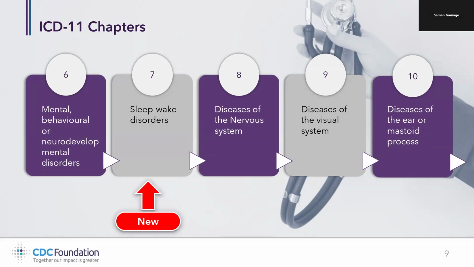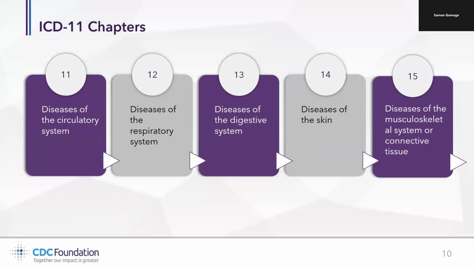Then we have the diseases of the nervous system as Chapter 8, Chapter 9, diseases of the visual system, Chapter 10, diseases of the ear or mastoid process. Chapter 11 is for circulatory system diseases, Chapter 12, respiratory system diseases, Chapter 13, the digestive system diseases, Chapter 14 covers skin diseases, and Chapter 15 is for the diseases of the musculoskeletal system or connective tissue.